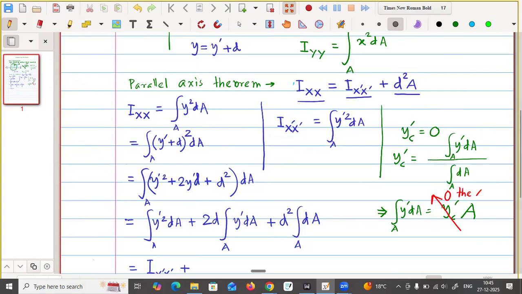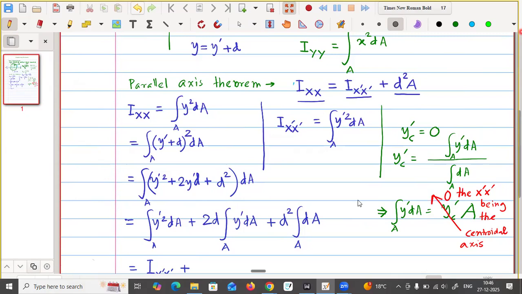You can write the x prime being the centroidal axis. Yc prime will be 0. Therefore, it will make this 0.